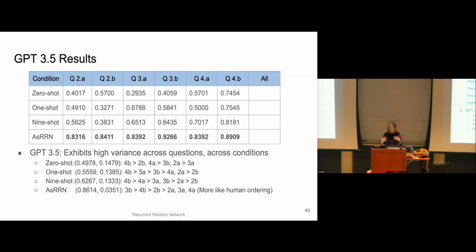So not only is ASRN outperforming in terms of total accuracy, ASRN has more similar accuracy on the questions, except for question 3A and question 4B. Is it 3A and 4B? Or 3B and 4B, where the accuracy is really high. But still, if you measured the variance, you would see it's less. I should have put that in there. Oh, and I have a column there I didn't fill in.